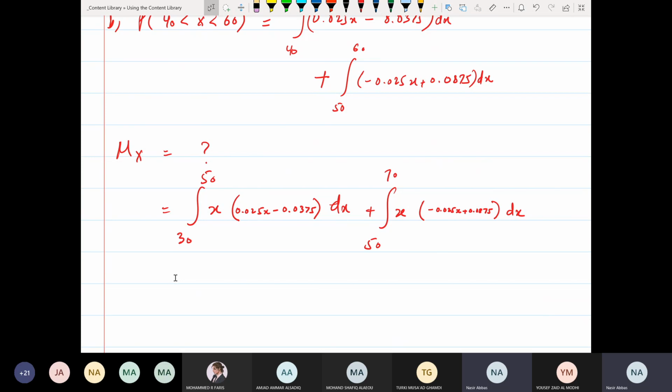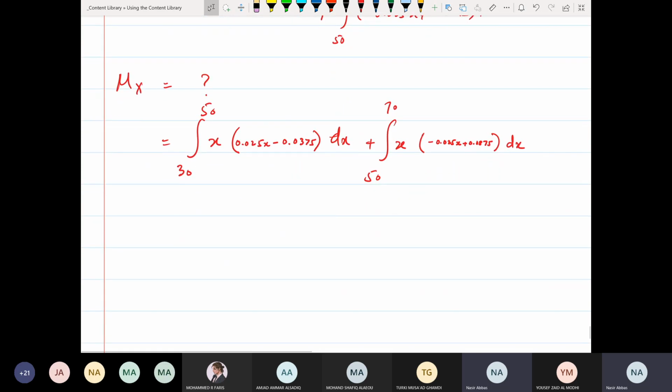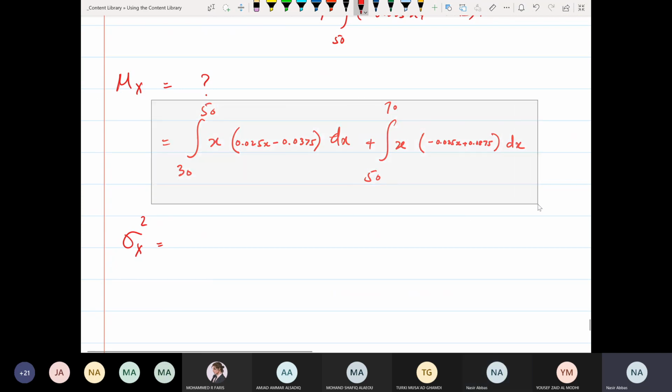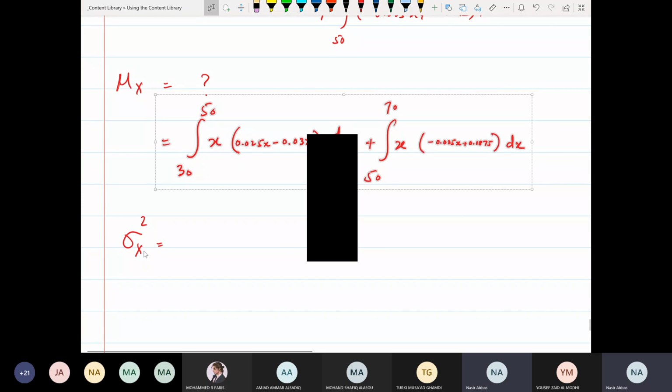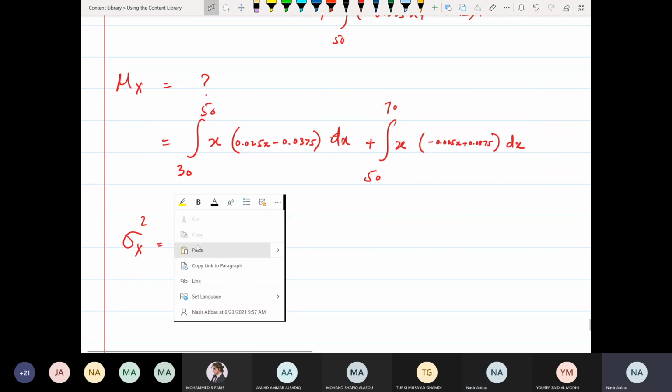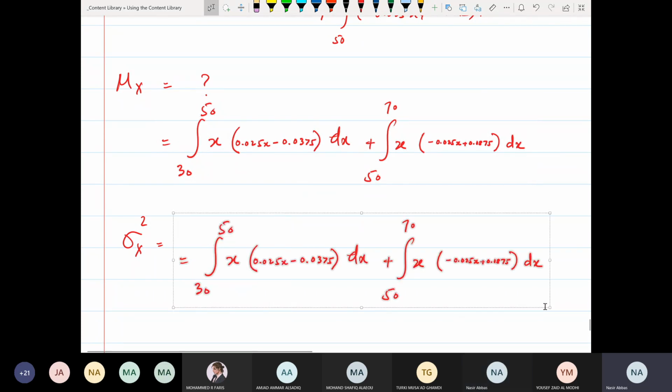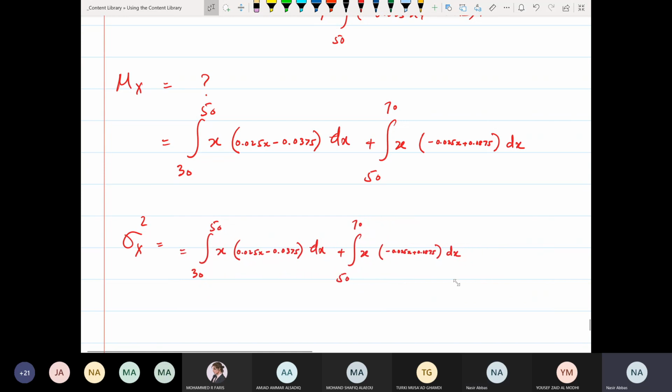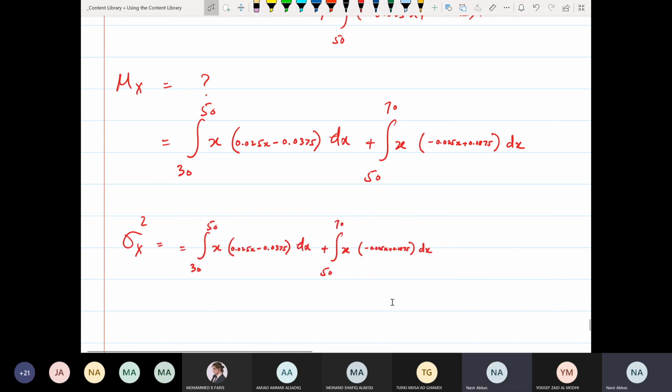And same is true for the variance. If you're interested in variance, that will be sigma x square. That should be this whole thing with x square.